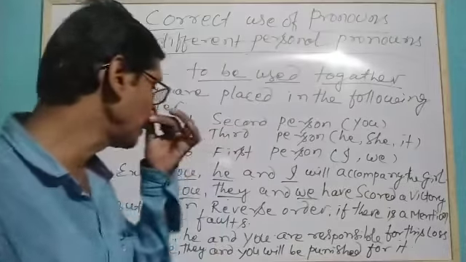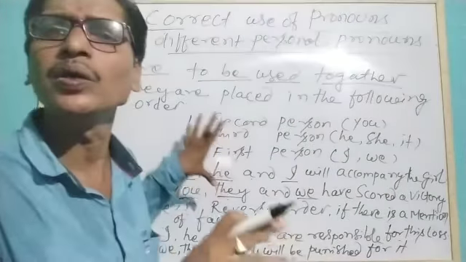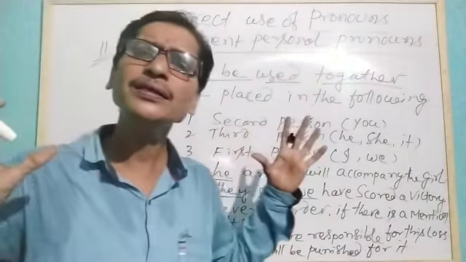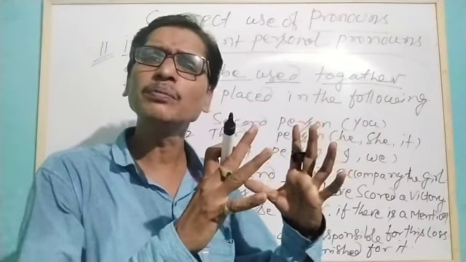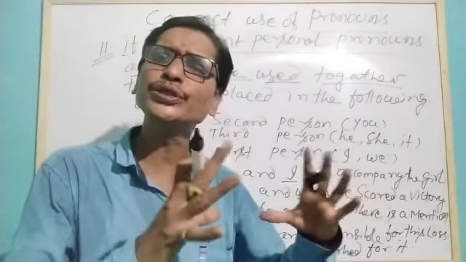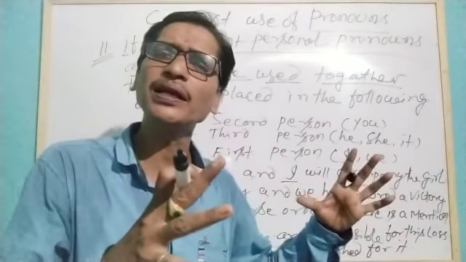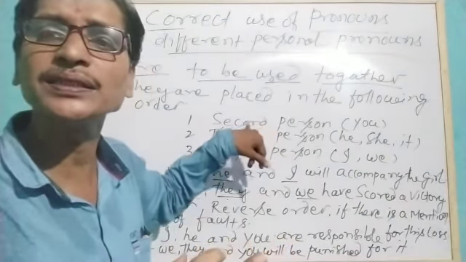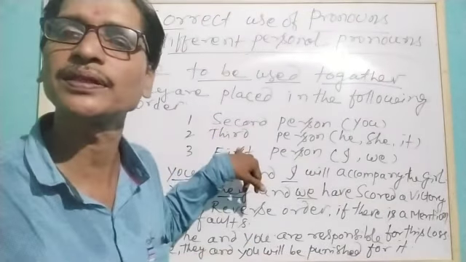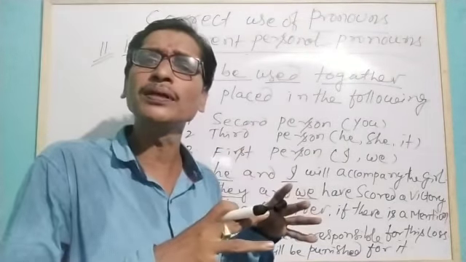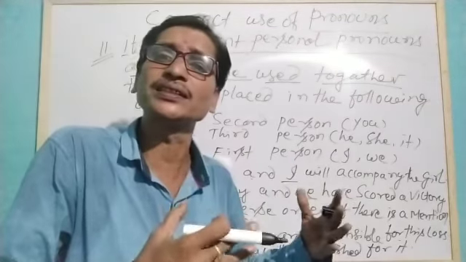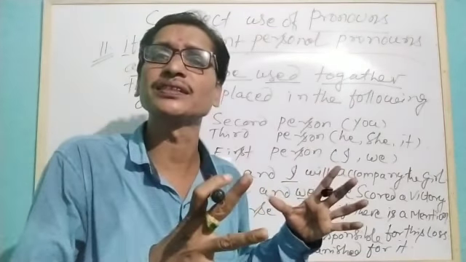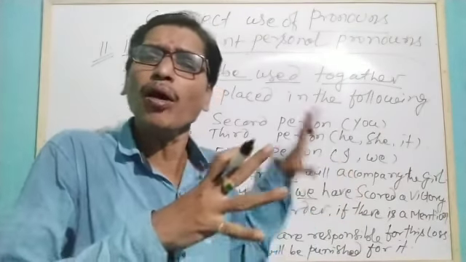Understand? So normally, when there are several personal pronouns used together in our statement, we follow the second person first, then the third person, then the first person. But there are also some constraints and reservations; that means we cannot always use it like this.